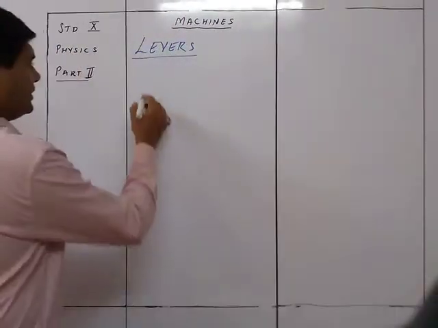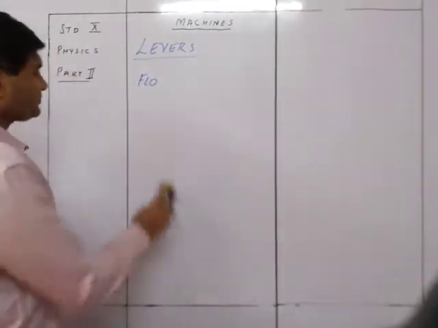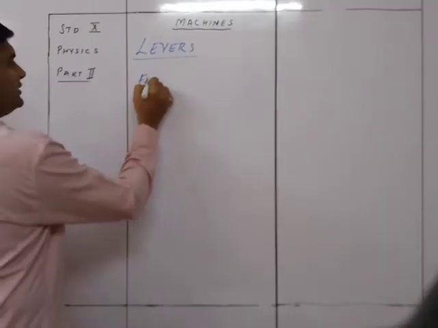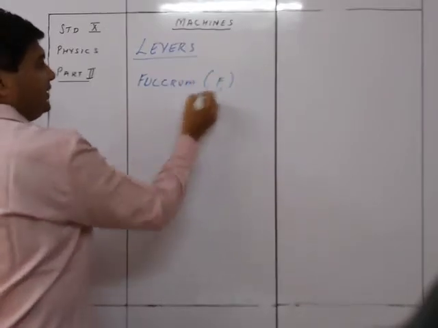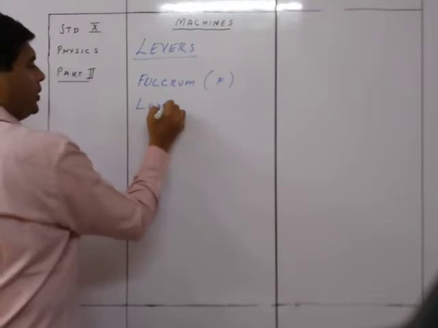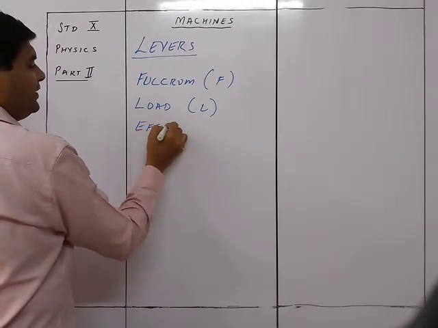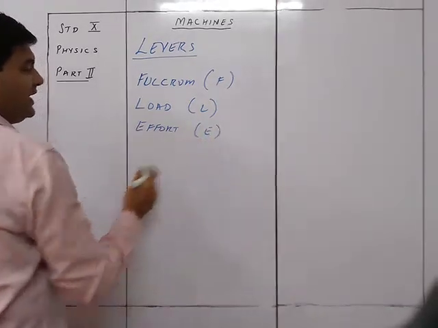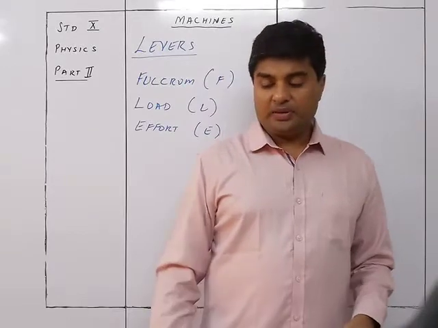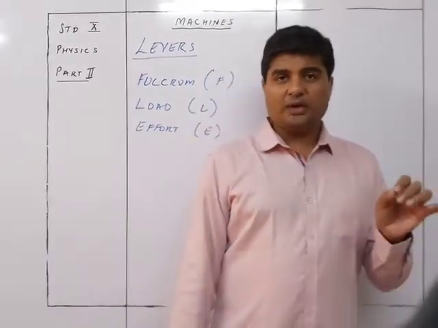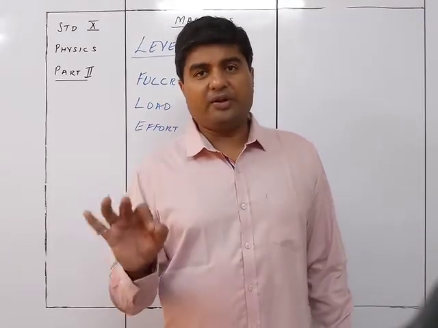So what you have over here are three things: first is the fulcrum, given as F. Then there is the load point, where the load is applied, and the effort point, where the effort is applied. So these are the three points on a lever.